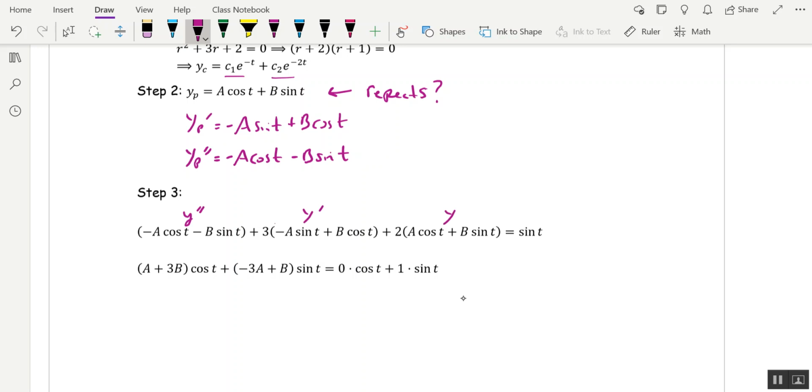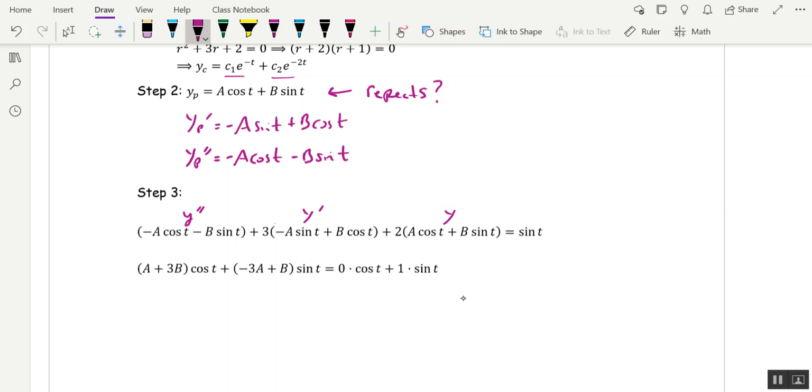You want to combine the coefficients of sine and cosine on the left. So if we go through cosine, there's a negative a cos, and then there's a 3b cos, and then there's a 2a. So that gives me altogether a plus 3b times cosine. And you can go through, collect the coefficients of sine.